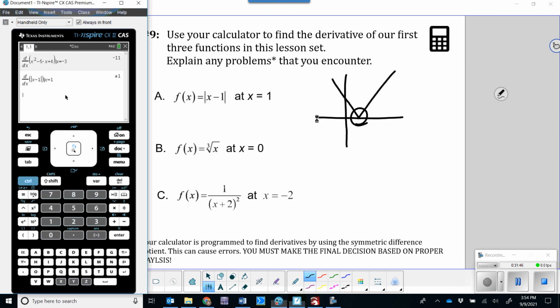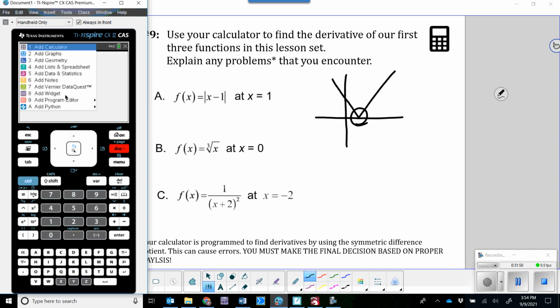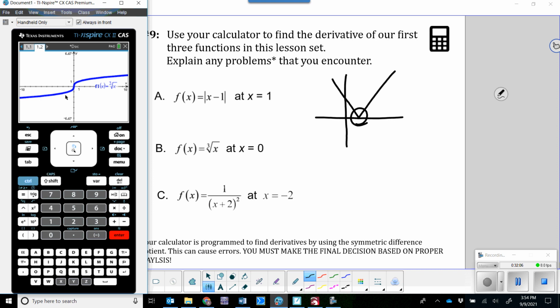We can actually add a page, so control doc, and add a page, and I'm going to add a graph page. And I'm going to graph the third root of x. So control of the caret, the power key, put third root there, x inside, and hit enter.